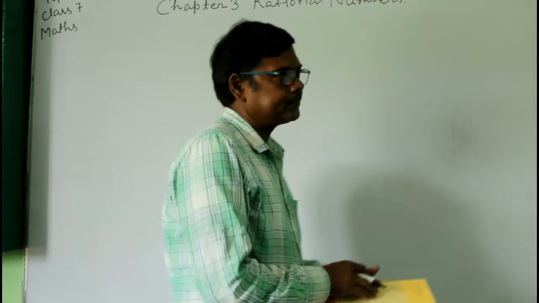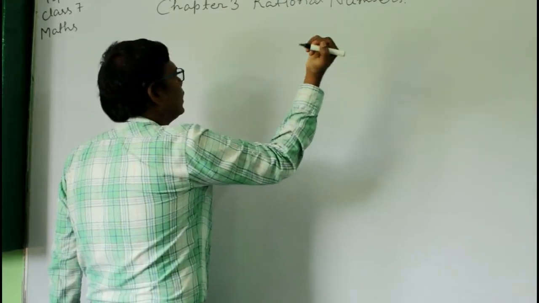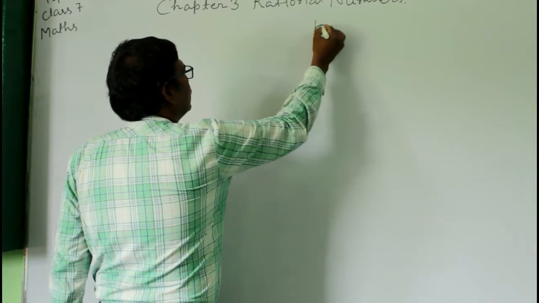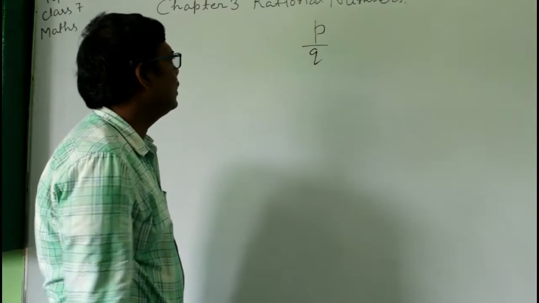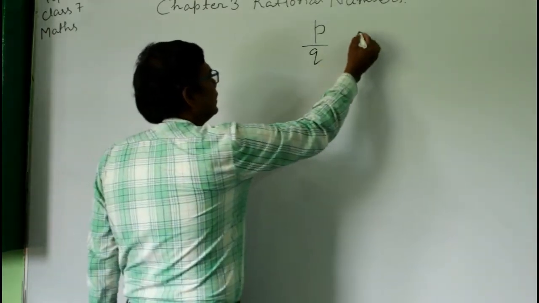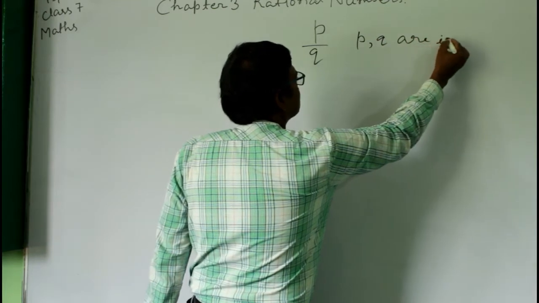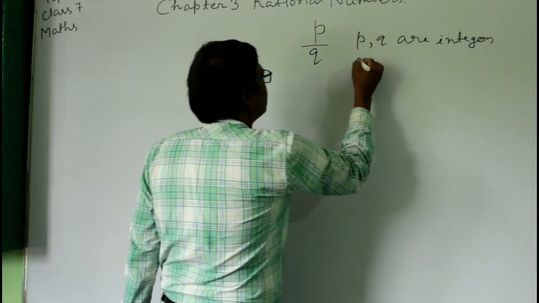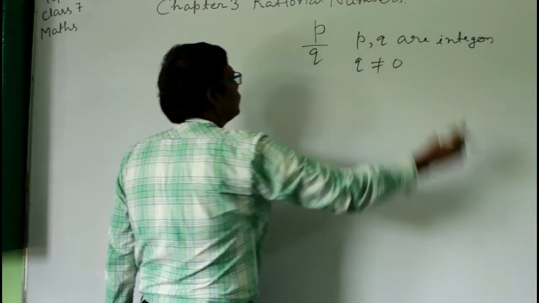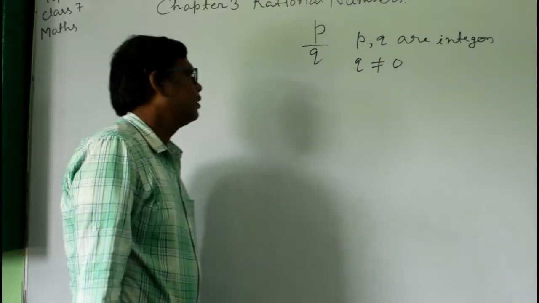It means that any number which can be expressed in the form p by q, where p and q are integers, and q must not be equal to 0, is called a rational number.